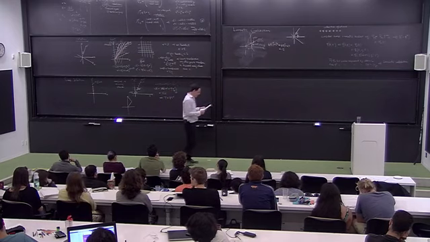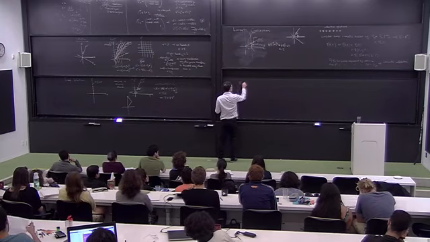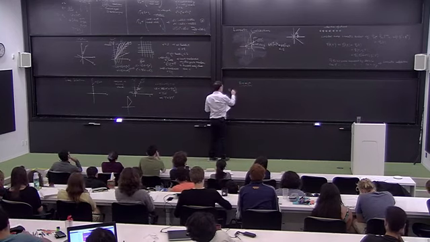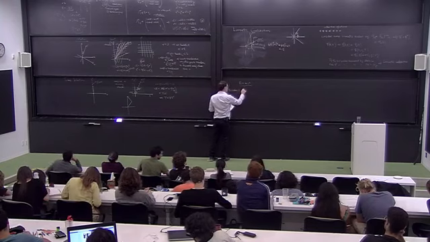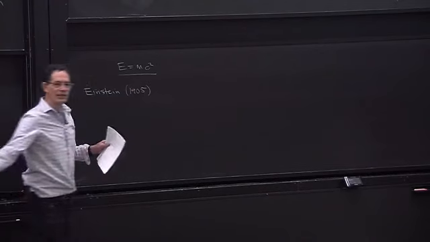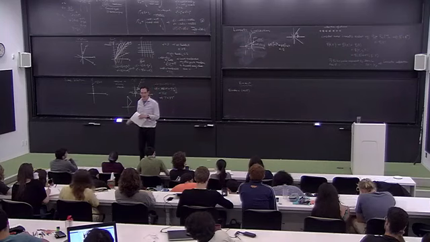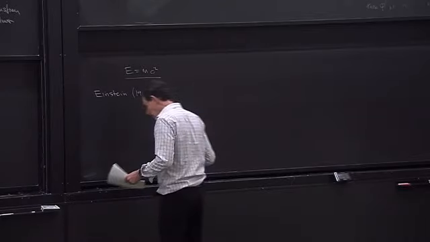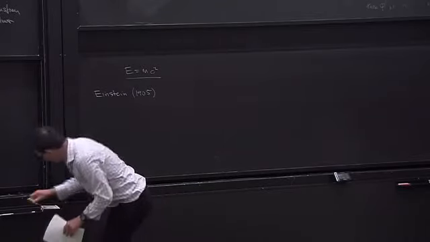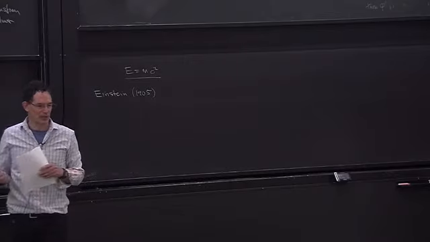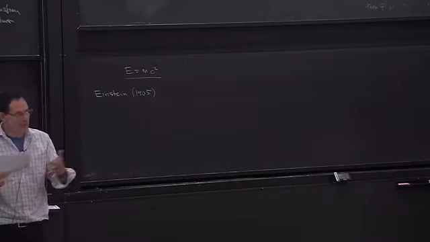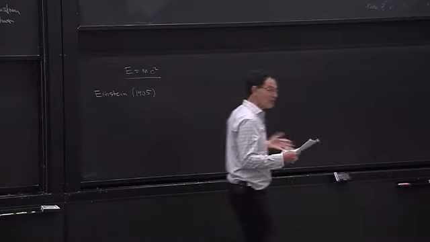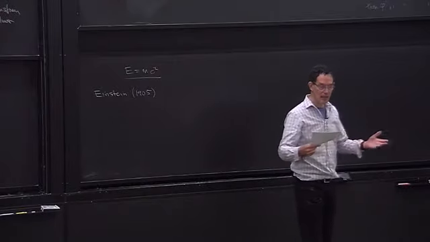Okay, so let's do E equals mc squared, and I'll show you Einstein's argument. So Einstein in 1905, what did he know? This is the paper I mentioned that is 3 pages long and has no references, and is one of the most important papers ever in physics. What did he know? Well, he knew Maxwell's equations, and he knew all the results of fiddling around with those equations that people had done, engineers had done, because they were beginning to produce radio waves and detect them and so on.